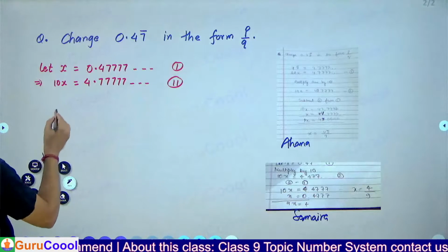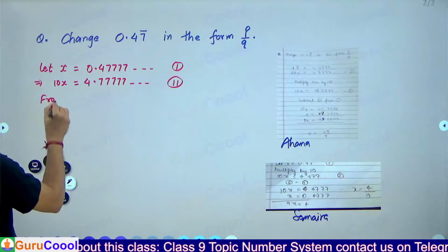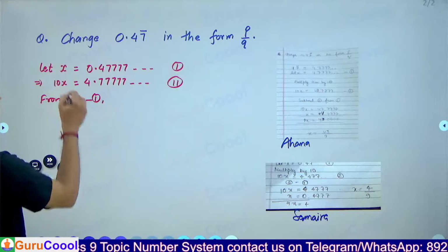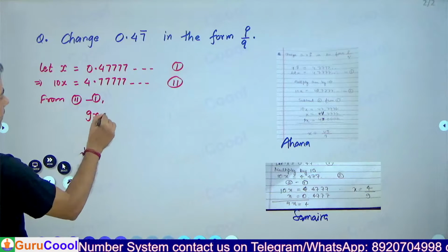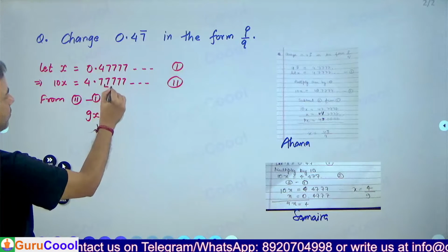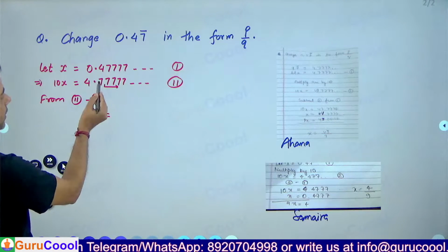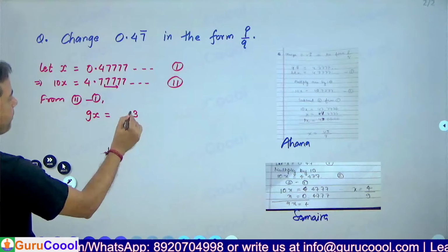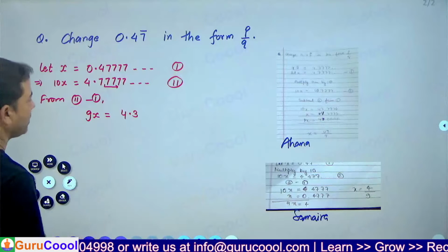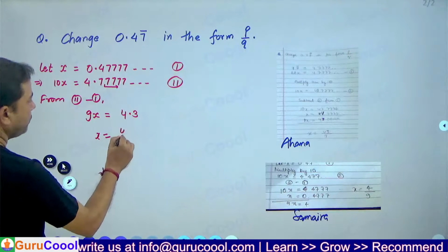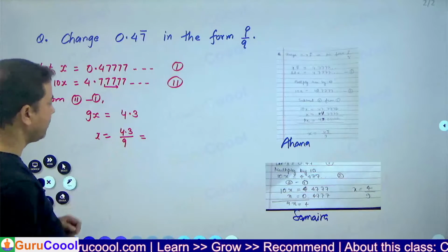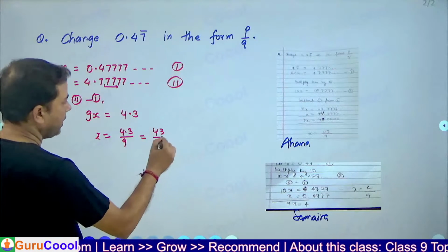That's our second equation. From second minus first, 10x minus x is 9x on the left side. On the right side, this digit onwards everything will be 0, but here 7 minus 4 is 3 and it's 4, so 4.3. x is equal to 4.3 by 9. If we remove the decimal from the numerator, we get 43 by 90.